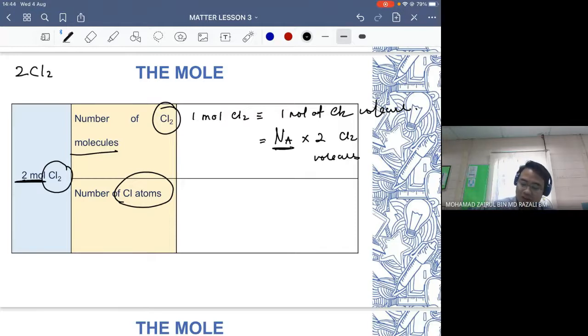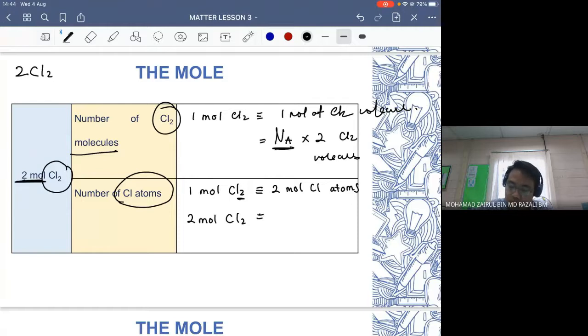Okay, kita tengok 1 mole chlorine molecule, ada berapa chlorine atom dalam 1 mole? Dekat sebelahnya ada nombor 2 kan? Maknanya kita ada 2 mole chlorine atoms. So now we have 2 mole of chlorine molecule.